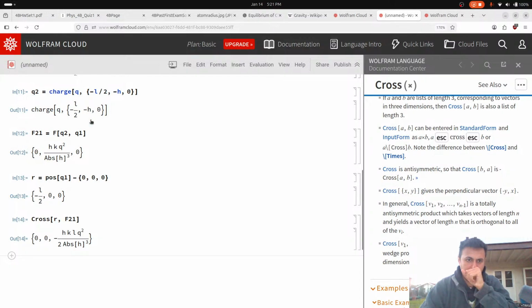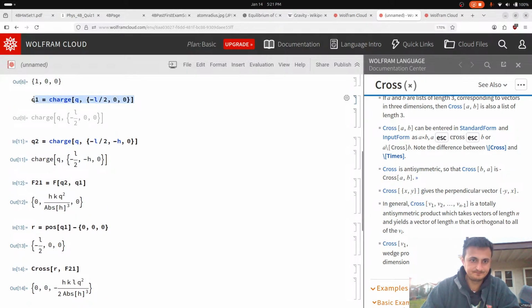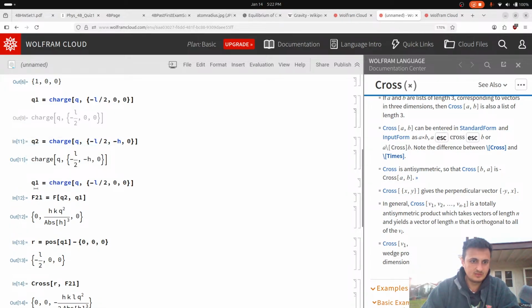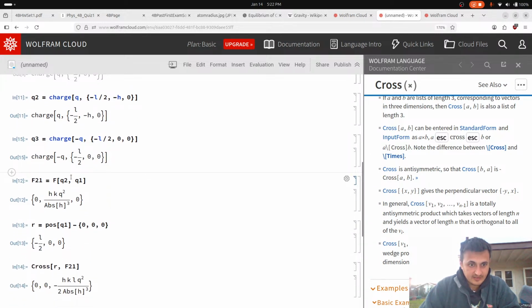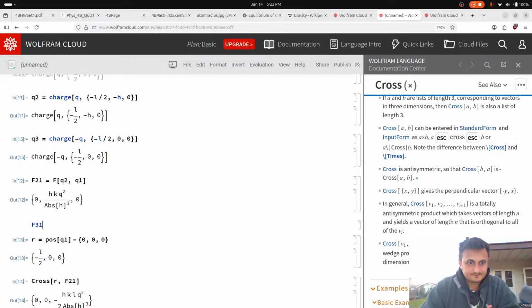But if I were to do this, Q3 is equal to minus Q. And then I did F31, or the force of 2 on 3, is equal to F of Q2 on Q3.